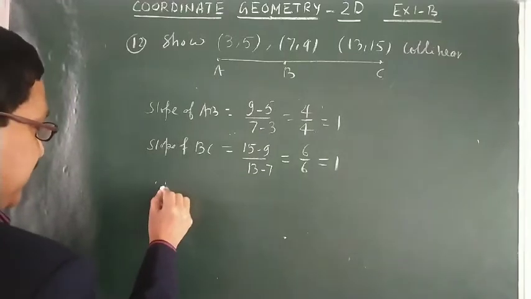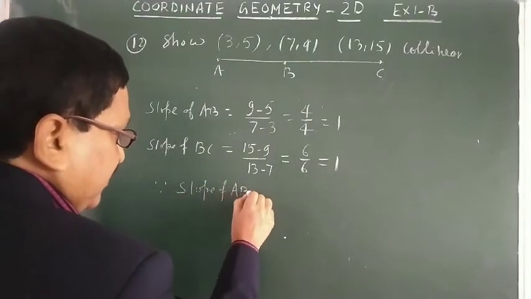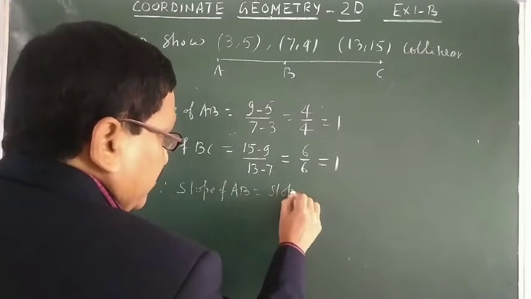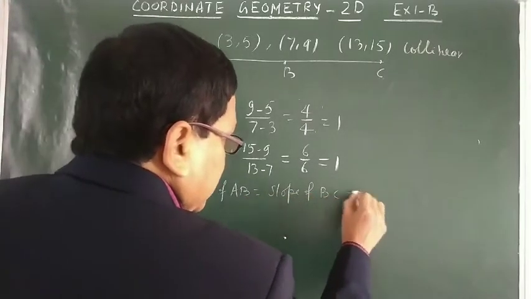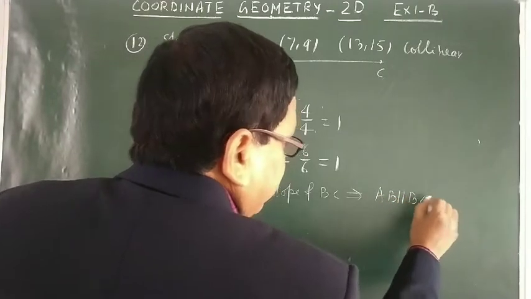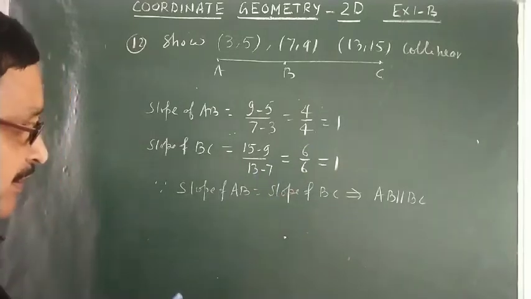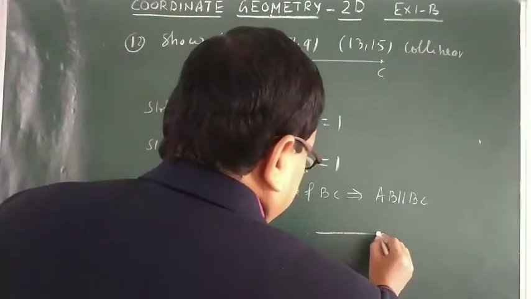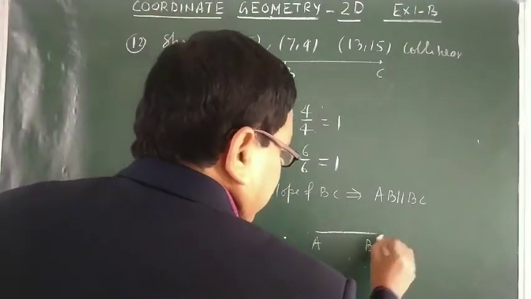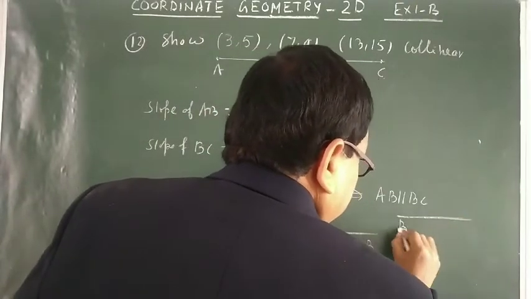So the lines are parallel. This implies AB is parallel to BC. AB parallel to BC has been shown, but they may not be collinear. Now see, this is your AB and this is your BC.